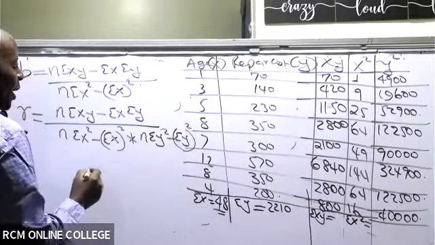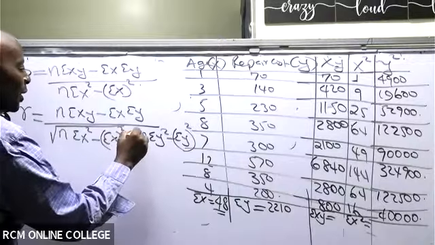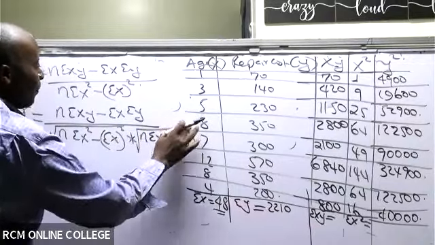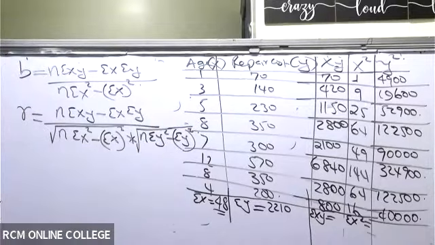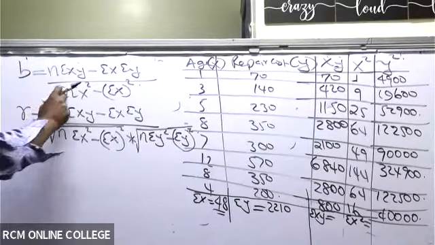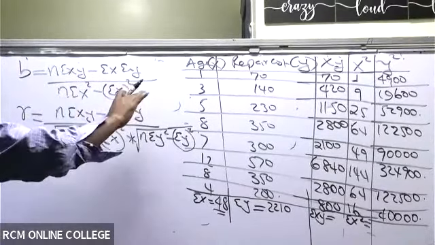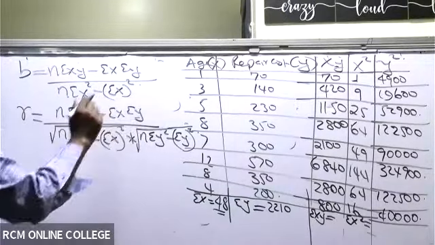And then you put these under their respective square roots. I prefer putting them under their respective square roots, each one of them under its own square root.